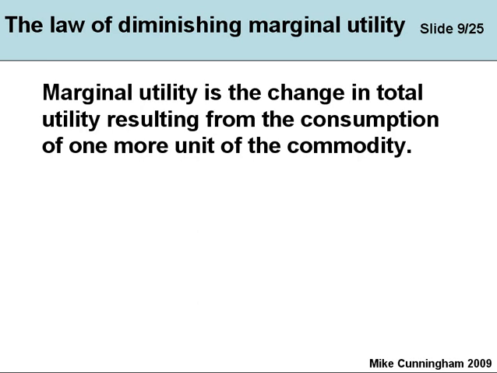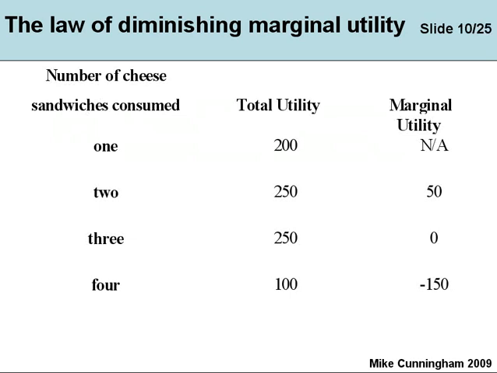Okay, let's have a look at a table that illustrates that. Now here's a table showing the consumption of cheese sandwiches. Let's say everyone eats cheese sandwiches, pretend. I know not everybody does, but just for this example. Now, if you have one cheese sandwich, you might get 200 units of utility, 200 utils. Okay, so that's okay.